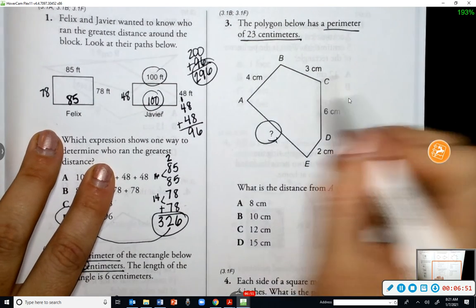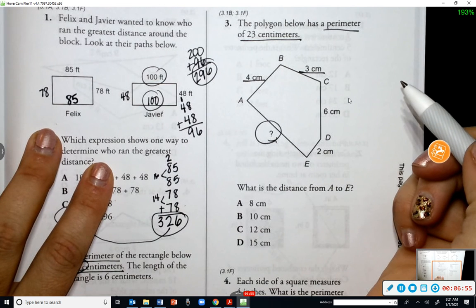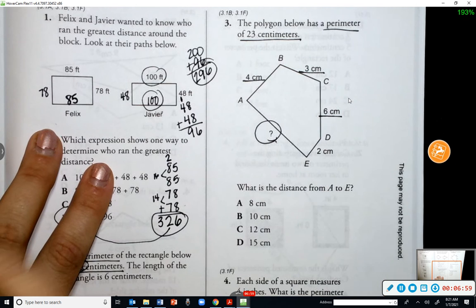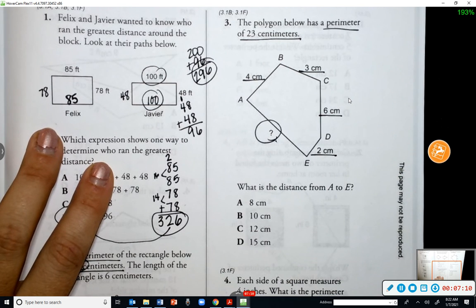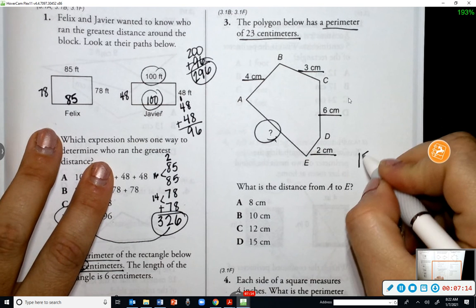We're going to add all the sides we know. So 4 plus 3 is what? 7 plus 6. 13 plus 2. 15. So we added up all the sides, and we got 15.